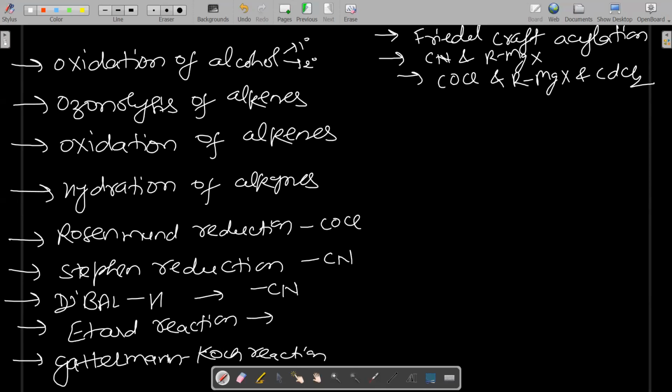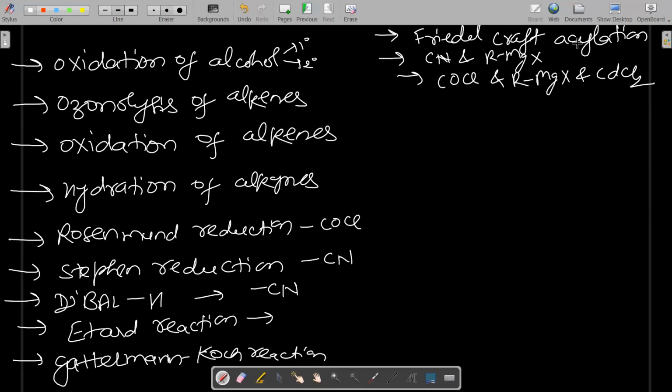What is the Etard reaction? It is an oxidation of toluene to benzaldehyde using chromyl chloride, that is CrO2Cl2, and then followed by hydrolysis. Gattermann-Koch reaction, it is a reaction of formation of benzaldehyde using benzene in the presence of CO, HCl and anhydrous AlCl3.